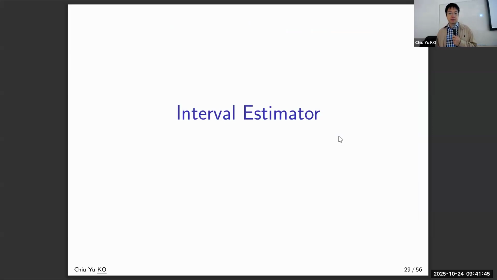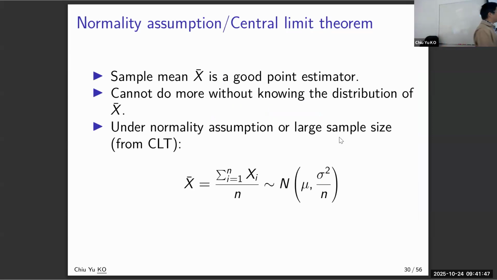So, interval estimator. We focus on the sample mean. Of course, later we talk about the sample proportion because it's a special case also. The idea is that we want to include a precision measure for the sample mean, right? If I am given the sample mean, I want to know how good it is.